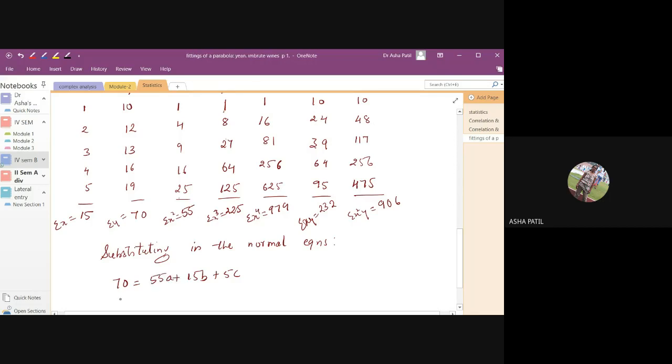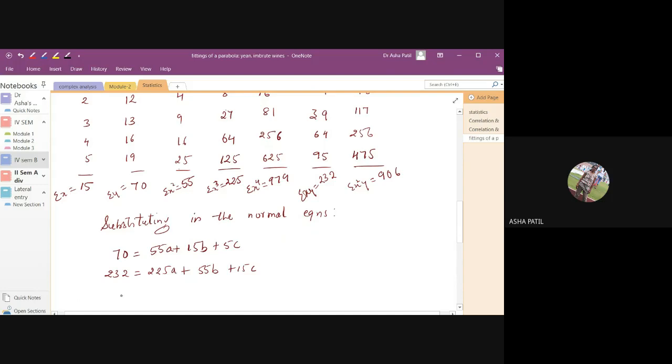Second equation, summation xy, 232, is equal to a into summation x cube, 225a, then b into summation x square, 55b, c into summation x, 15c.